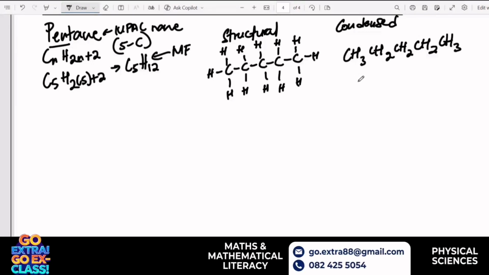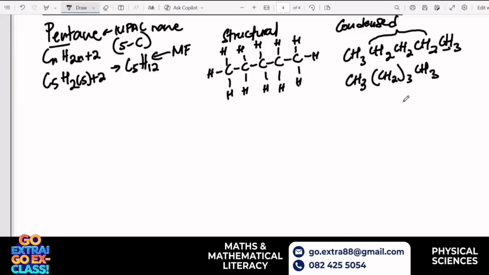Instead of repeating CH2s, sometimes they write it like this: CH3, and then for these CH2s, they can write just one CH2, like this, and then from there, instead of repeating this, they can say 3, and then CH3. So here there are 3 CH2s before you come to the last CH3.